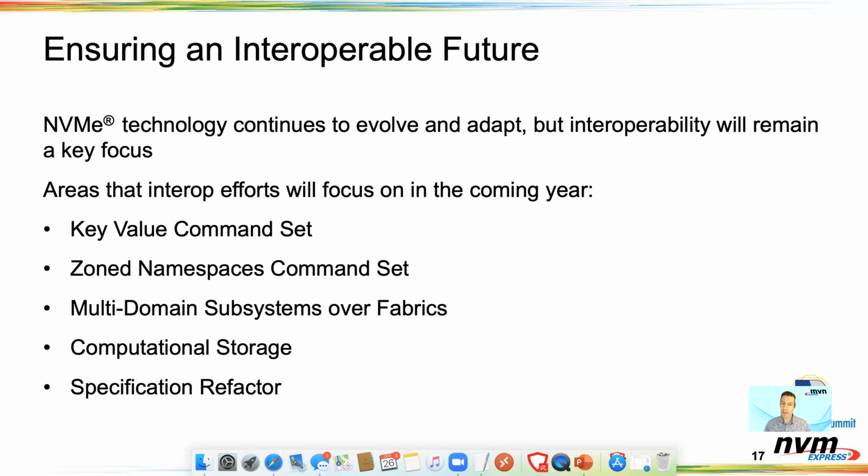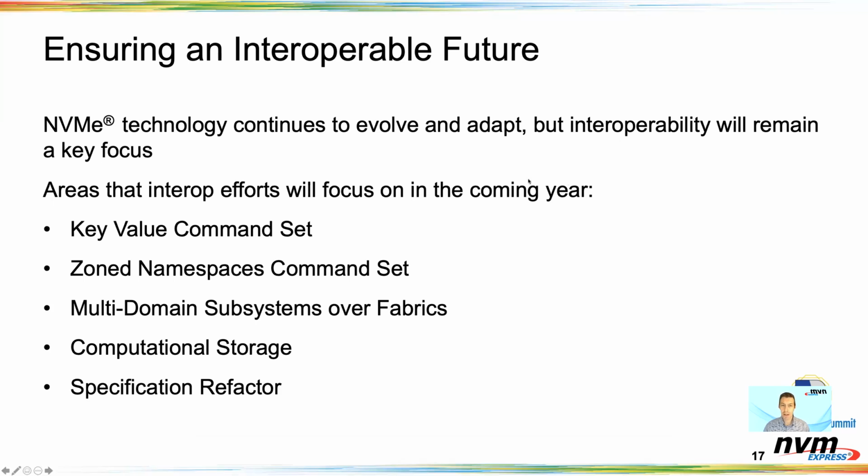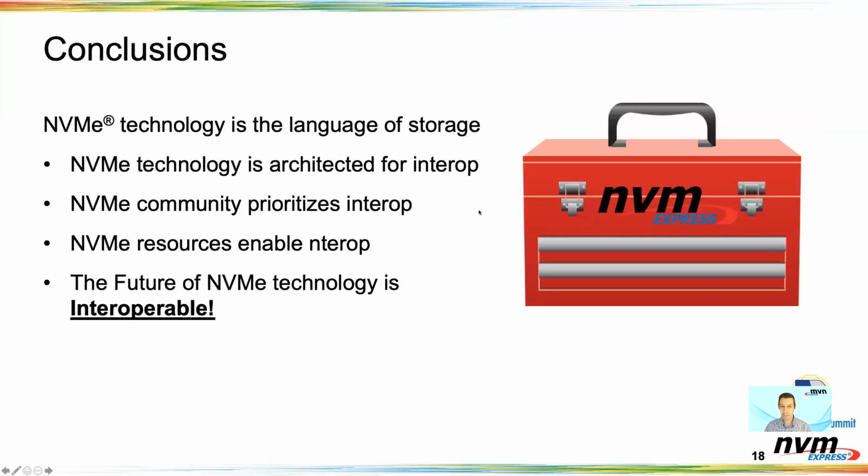And so, even as we add new features, I think we're going to see interoperability continue. As new features get added to the spec, we're adding interop tests for them, we're adding compliance tests for them. So that's something that's really going to protect interoperability and preserve it for the future, even as the specification itself grows and enables more use cases.